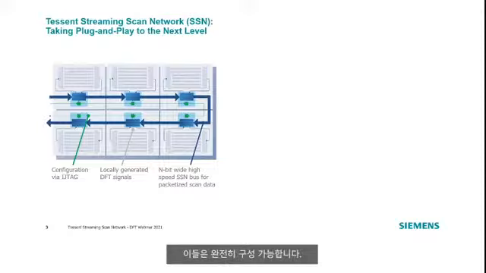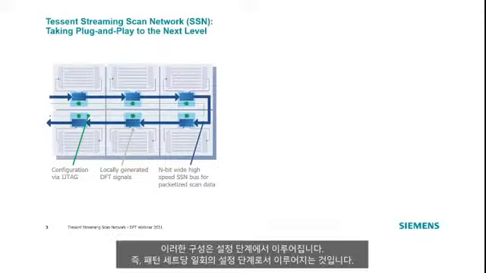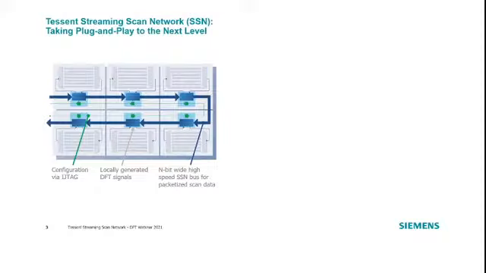They are fully configurable. The configuration is done as a one-time setup step per pattern set. Once this setup is done, all the data on the SSN bus is payload.